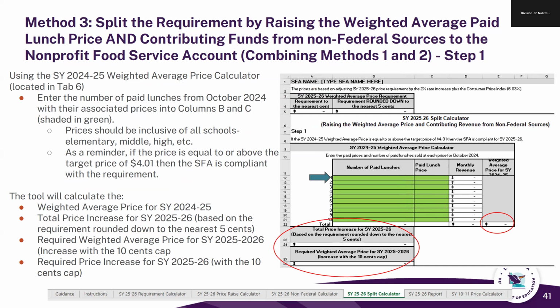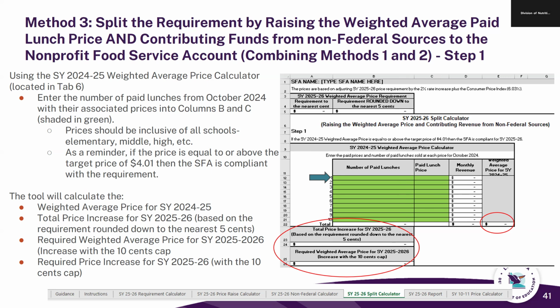So step 1, you're going to use the weighted average price calculator, which is located in tab 6, and SFAs will enter the number of paid lunches from October 2024 with their associated prices into columns B and C that are shaded in green. Your prices, again, will have to include all schools, elementary, middle, and high, so all prices at all school grade levels.